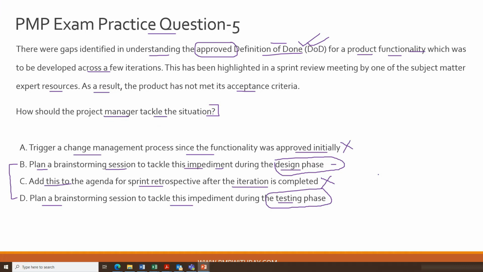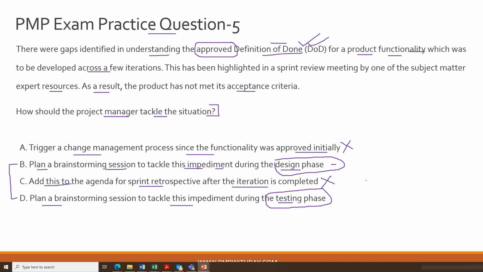So if the design is incorrect, trying to correct it in the testing phase might be a big challenge. So it is always a sensible approach to address such issues in the design phase of the project, rather than having a reactive approach to tackle impediments in the testing phase, which is fairly late in the project or in a sprint in an agile project, right?